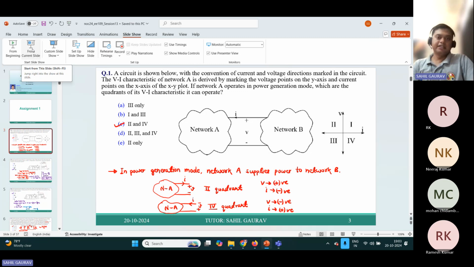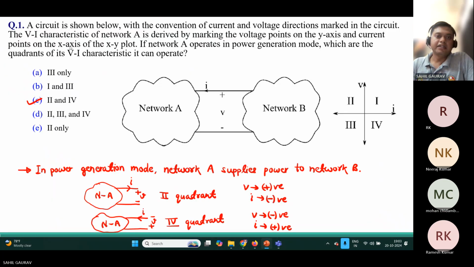Here the circuit is shown below with the convention of current and voltage. Means this polarity of voltage is considered positive, while this direction of current flowing into network A is considered the positive direction. Here it is given that if network A operates in power generation mode, which are the quadrants of the VI characteristic it can operate in.